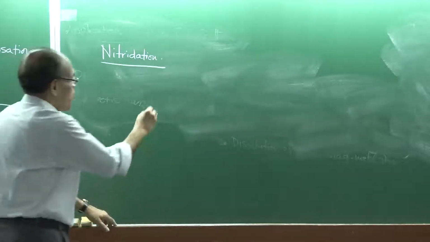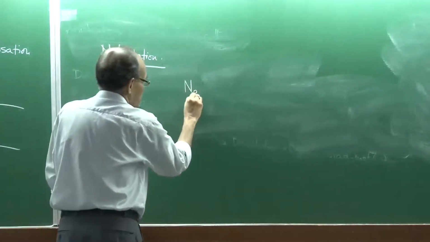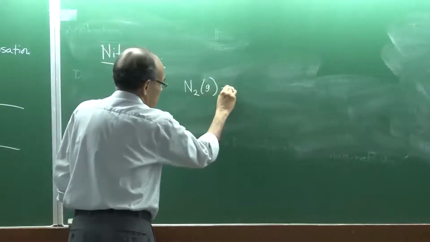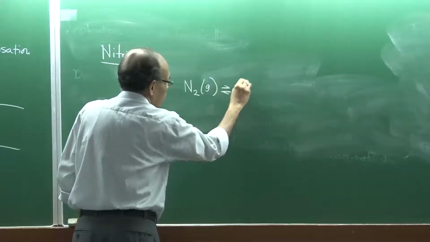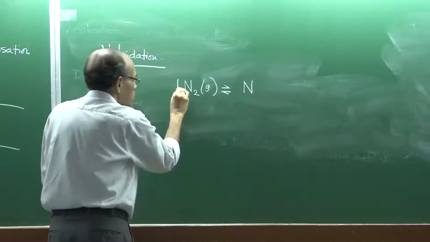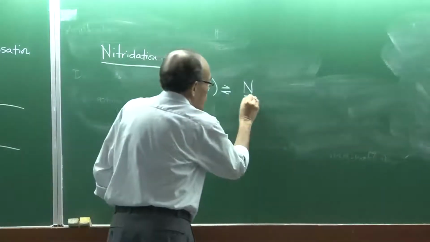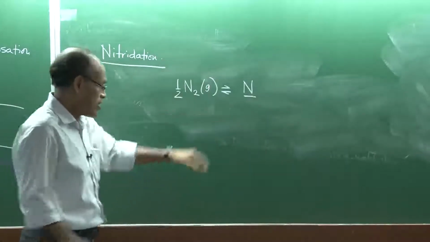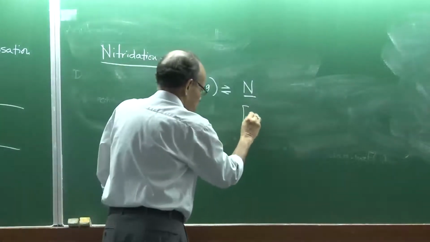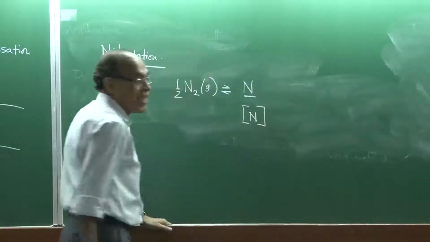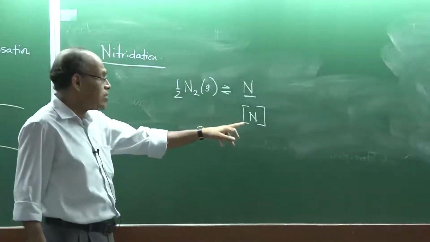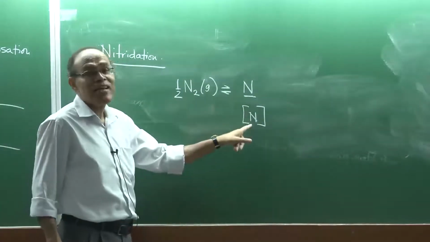Here at the surface, the reaction is this. From the gas phase, nitrogen is getting into the dissolved phase. So, we write it like this. And again once the nitrogen, this is what? This is at the surface.